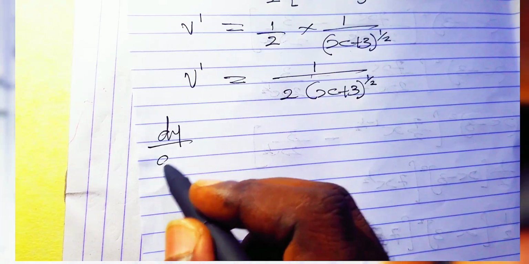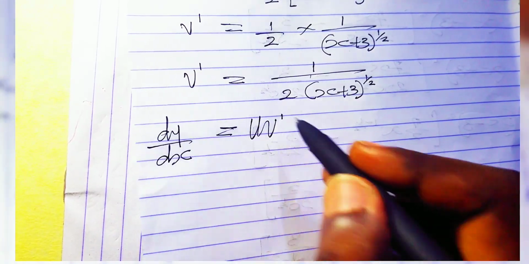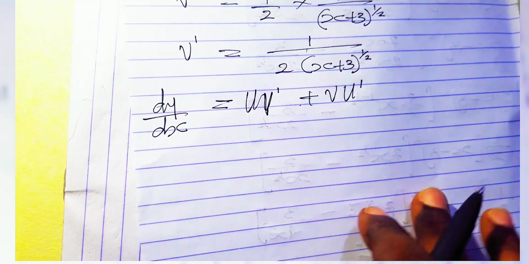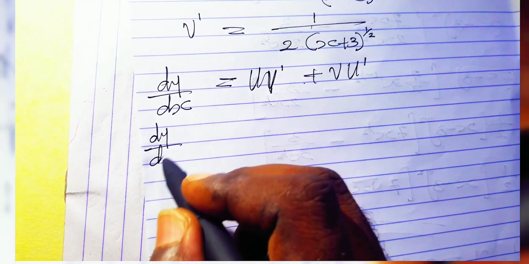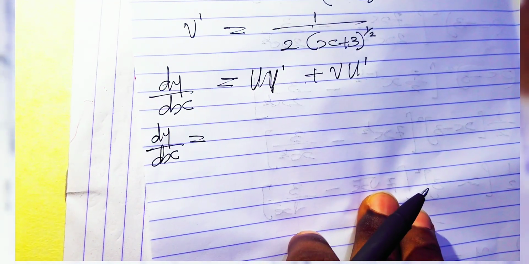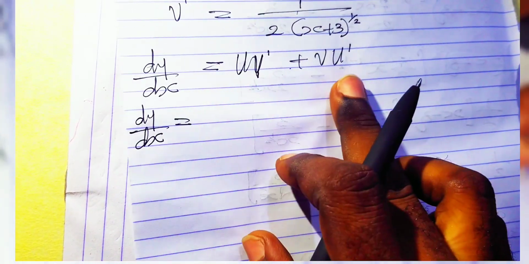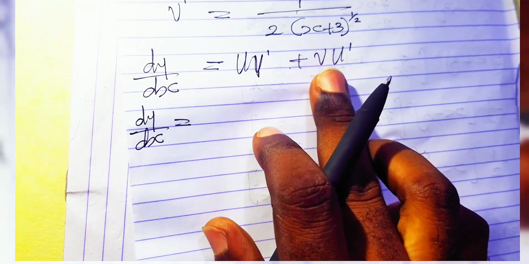So our dy/dx is now equal to u v prime plus v u prime. This is v, not u. Therefore, we need to bring up our answer for v prime and u prime, and then multiply by u and multiply by v here.